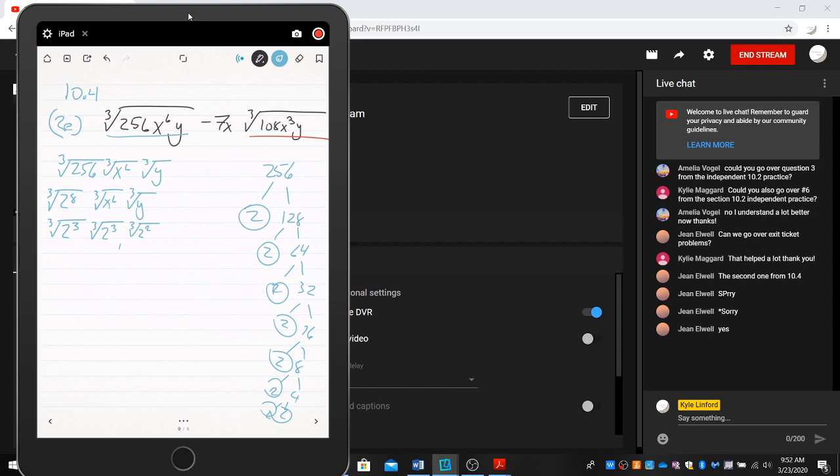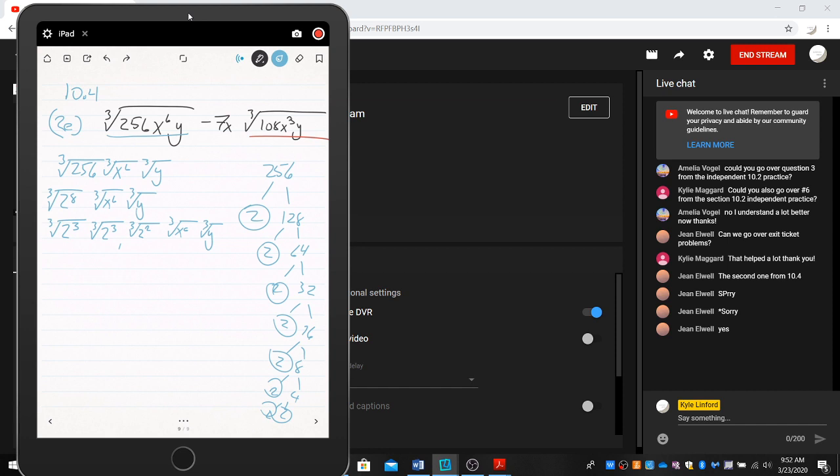And then we have still the cube root of x to the 6 and the cube root of y. Hopefully you're seeing first how we broke the number down into its prime factorization, then how we've grouped things together. Since I had 8 2's, I grouped 2 groups of 3's and 2 left over. So hopefully that part's making sense. Let me know if you have questions on it. But let's go ahead and start simplifying these components down.